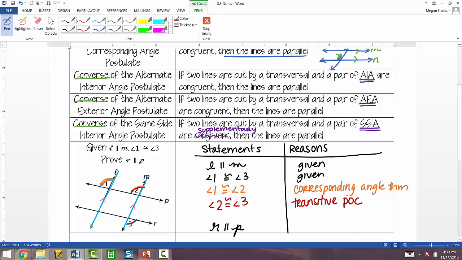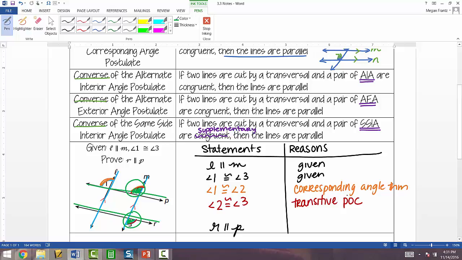And remember, we're doing with congruence, so transitive property of congruence. Now, if we look here, I know that these two right here and right here are exactly the same. They touch one of each of these lines that we're trying to prove are parallel. So what do we call these guys right here?